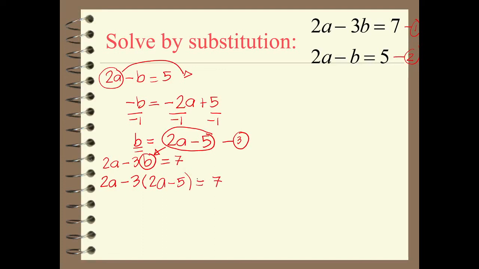Oh, what are you going to do with this? You distribute negative 3. Distribute negative 3. Simplify. So 2a minus 6a plus 15. Distribute negative 3 to 2a, that's negative 6a. Negative 3 times negative 5, that's positive 15, equals 7.